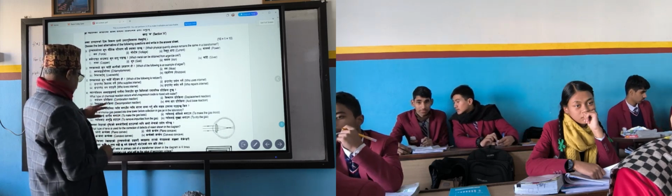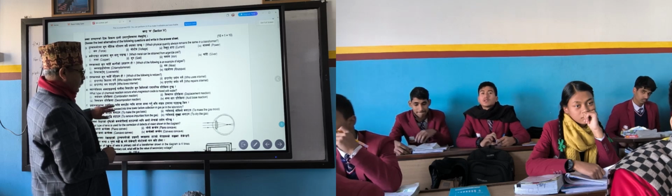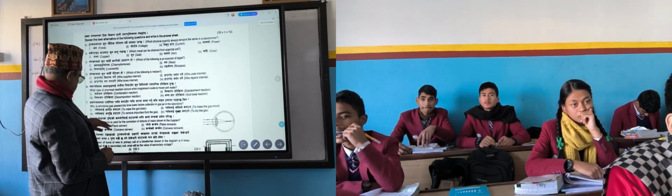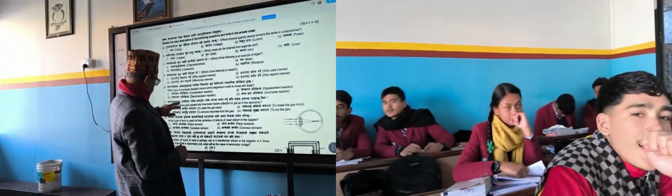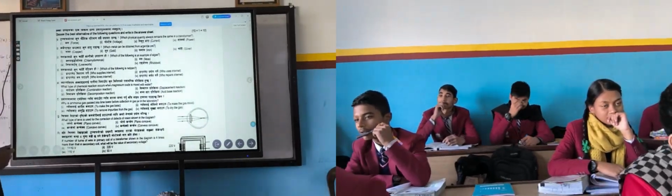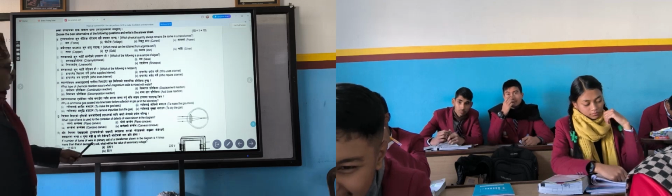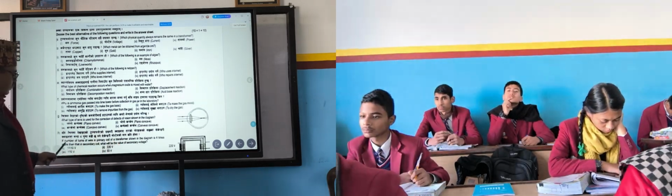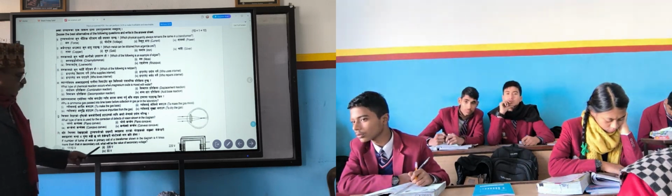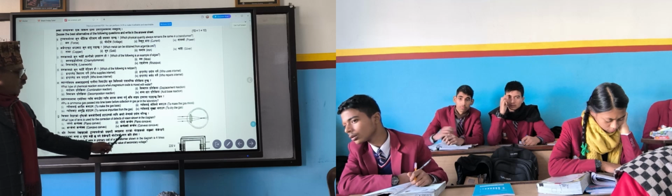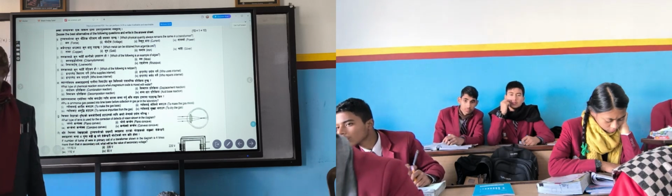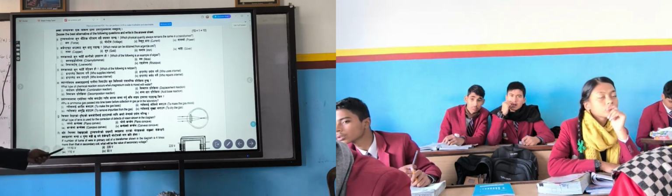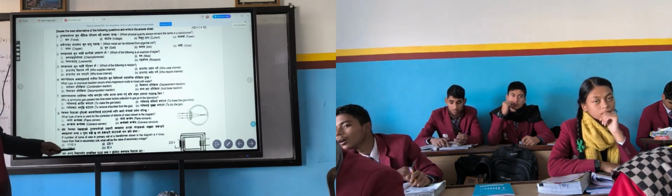Okay, next one, here is one transformer. If the number of turns of wire in the primary coil of a transformer shown in the diagram is 4 times more than that in the secondary coil, what will be the value of secondary voltage? See, check the question. Question is here.